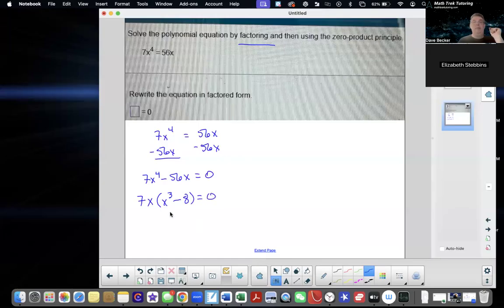And so we have a row of multiplication. We got the 7x times this honky wonky thing in the parentheses. So that's when we can use our zero product principle by setting them both equal to 0.